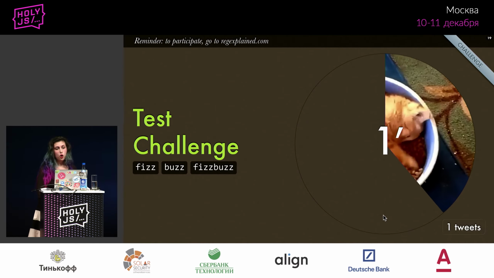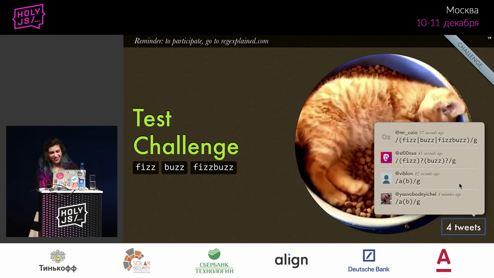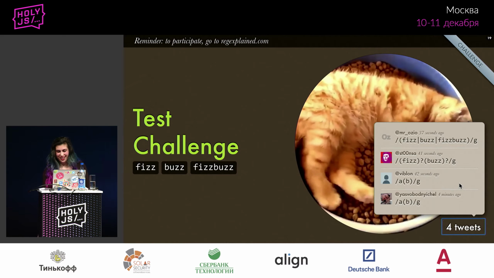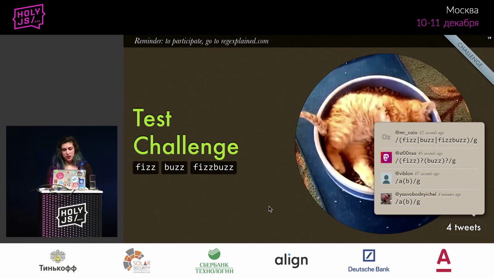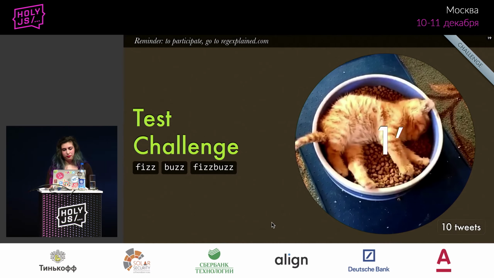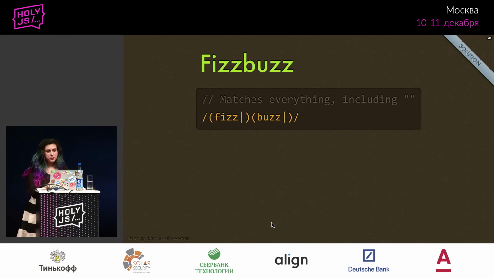So let's see what we have so far. I see some of you know about quantifiers, except that's not correct. Excellent. So, based on what we've already seen, that's why I'm not going to use the question mark, even though I know some of you already know it. Based on what we've seen, this would be a reasonable solution.